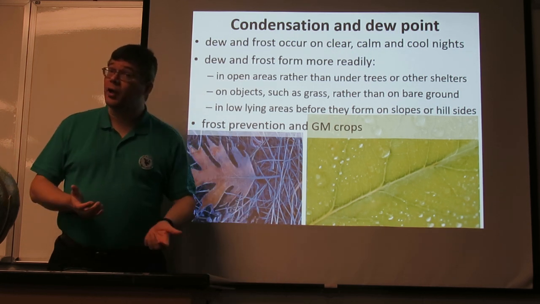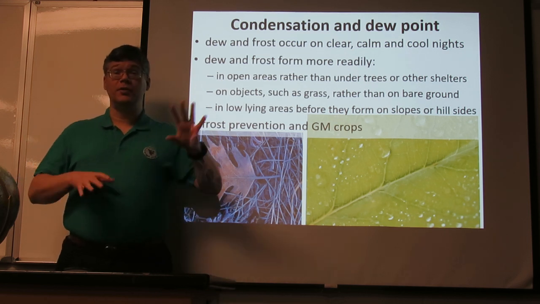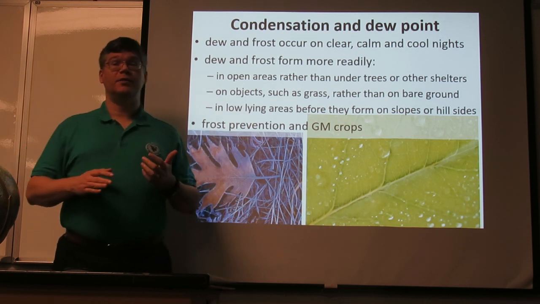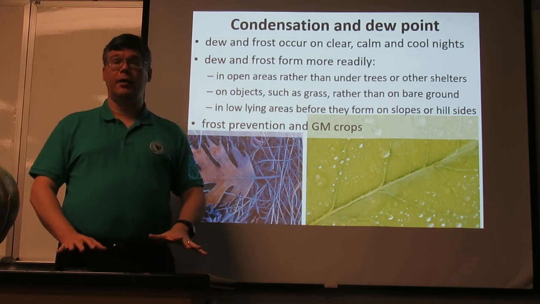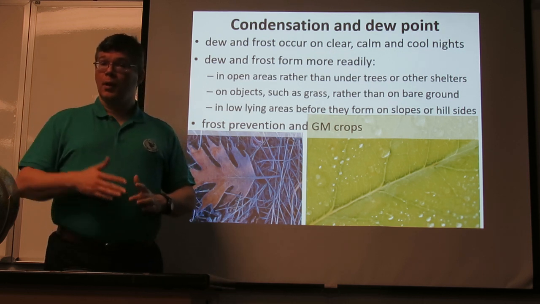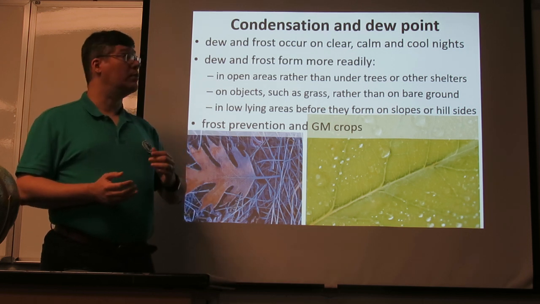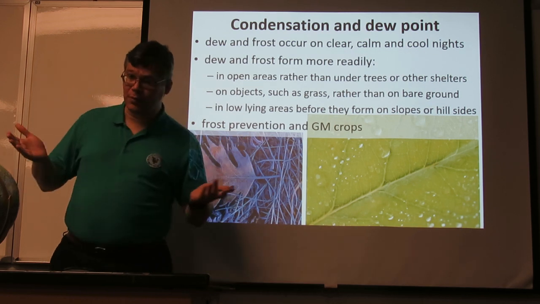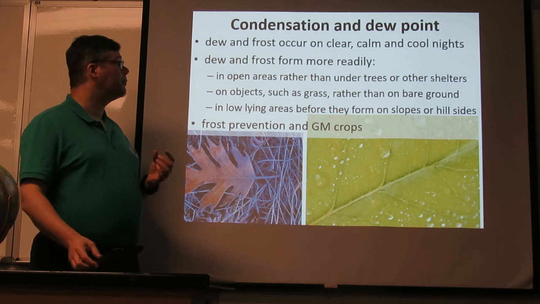We want it colder if we're getting condensation. Calm: if the wind's blowing around, moving air, we're not getting as much air that's just sitting in one place, cooling down, getting cold. So calm rather than windy is going to be more suited for having our frost or dew. Cool: no surprise, colder temperatures go along with favoring condensation.